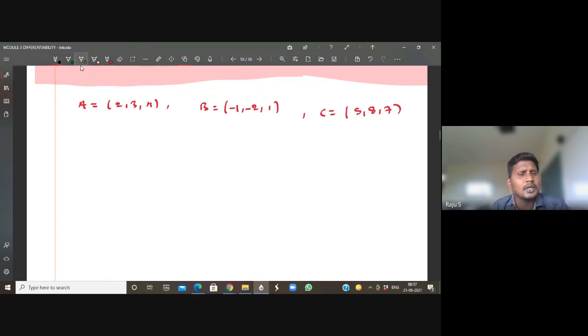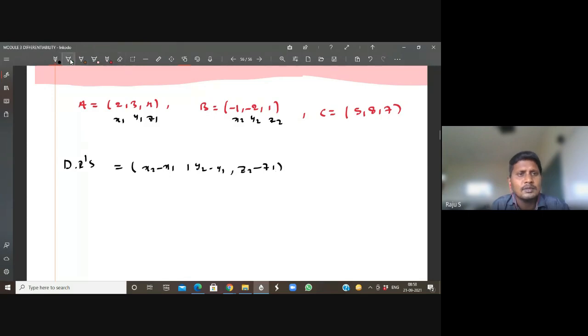Here, your wish, you can find any two direction ratios, either AB or BC or AC. Any two direction ratios I require. First I am going to find the direction ratios of AB. So before that, I want to take this as x1, y1, z1 and this as x2, y2, z2. Then the direction ratios are x2 minus x1, y2 minus y1, and z2 minus z1.